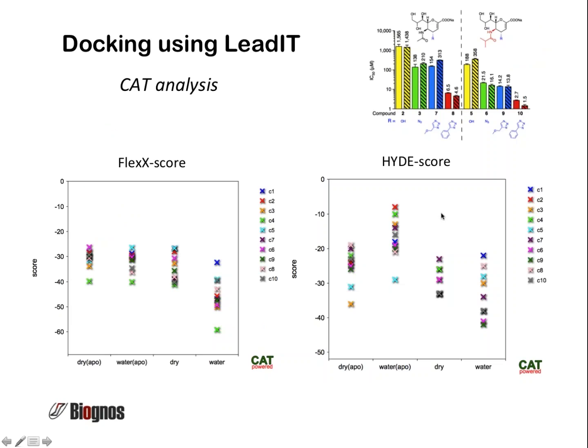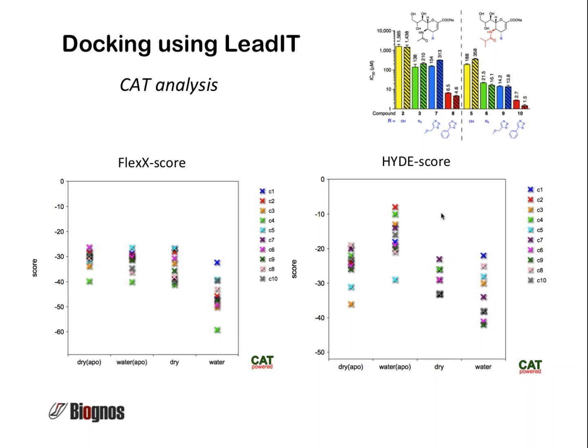So what I do now is I made a little test project. I used the crystal structure that had Zanamivir in it, and I prepared with the LeadIT interface, which is a very nice protein preparation wizard, a version that had no waters in the docking, and also one that had waters.